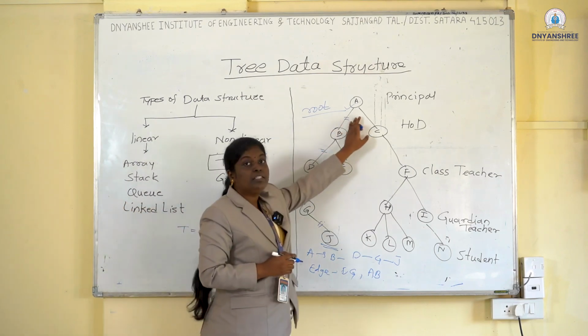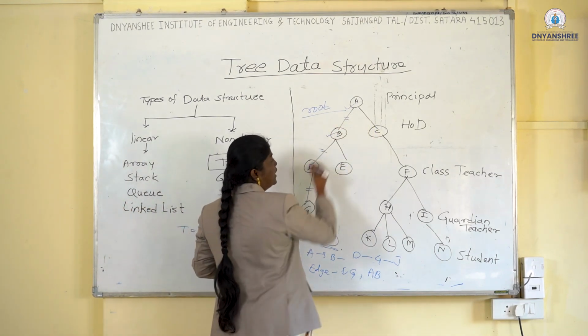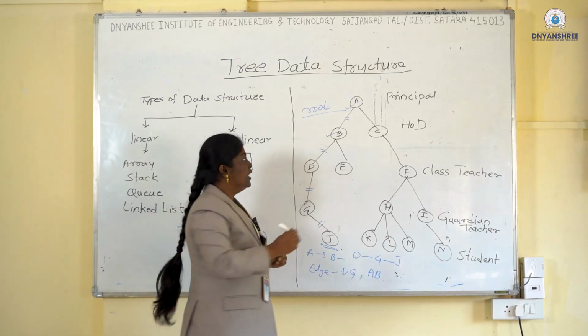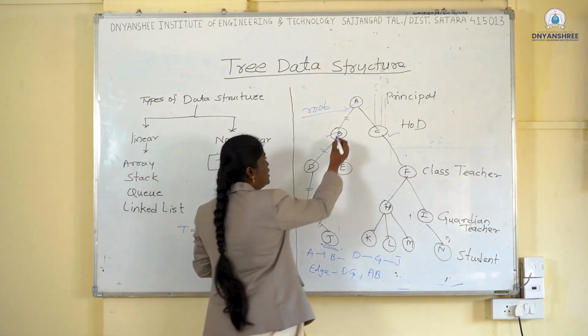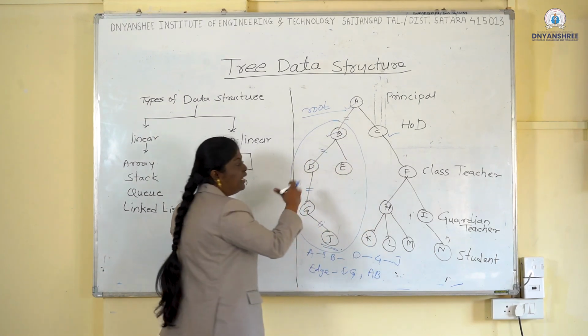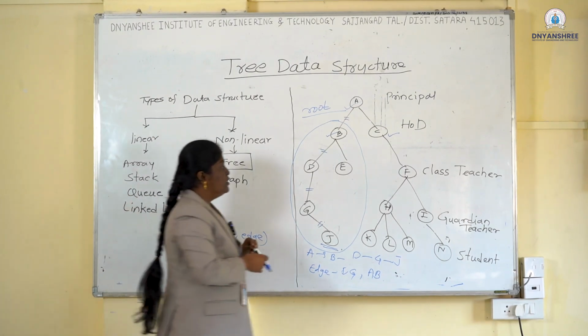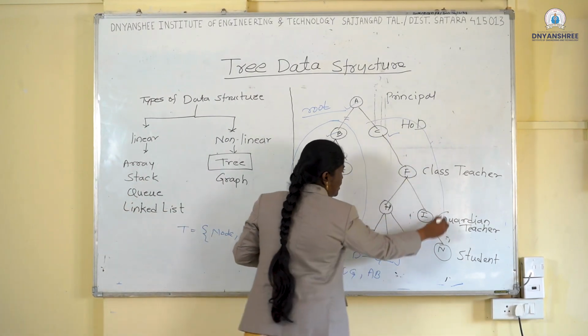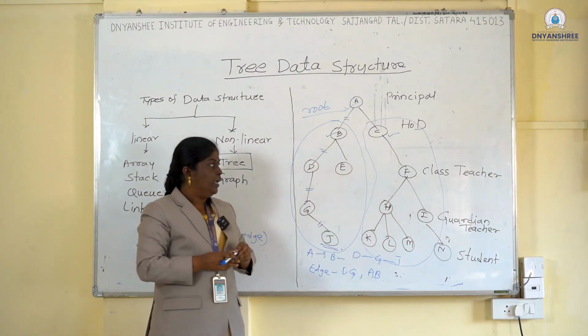This behaves as the root node, and after that B is called the left child of the root and this is called the right child of the root. Similarly, this entire tree at the left side is called the left subtree of node A, and this subtree is called the right subtree of the root A.